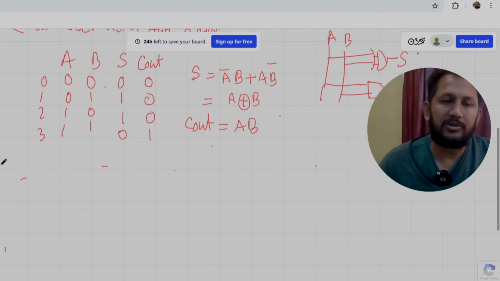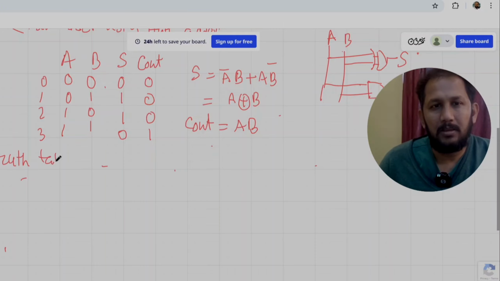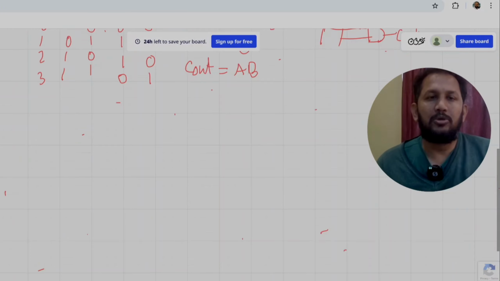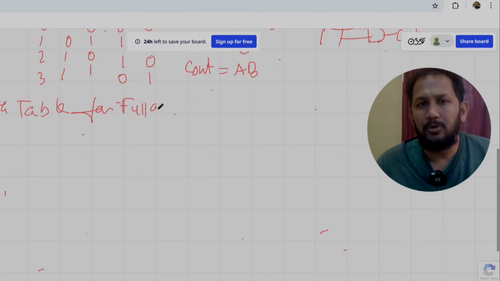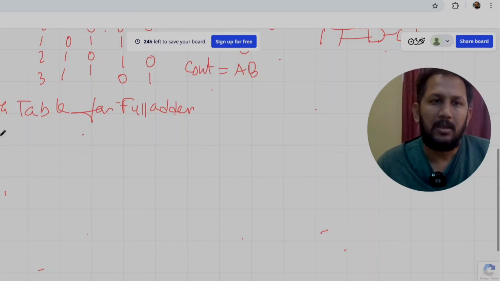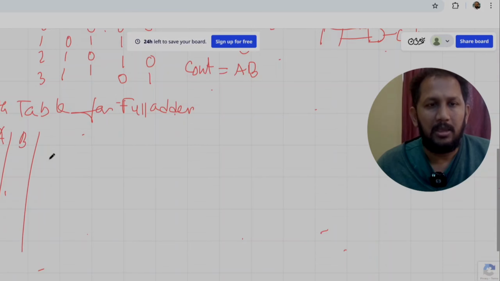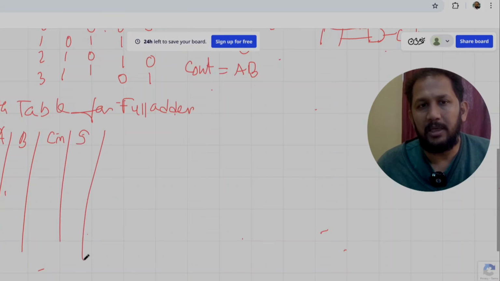Now we need to construct the truth table for the full adder. We know the full adder has three inputs, A, B, and C in, and two outputs, sum and carry out, C out.